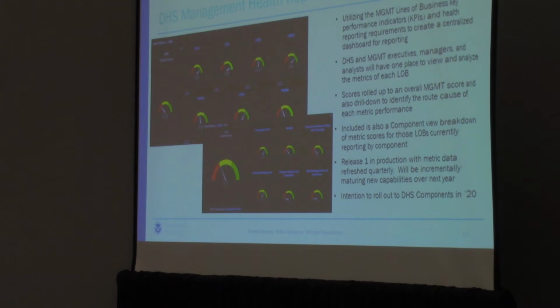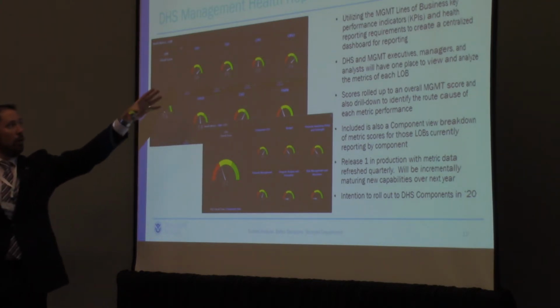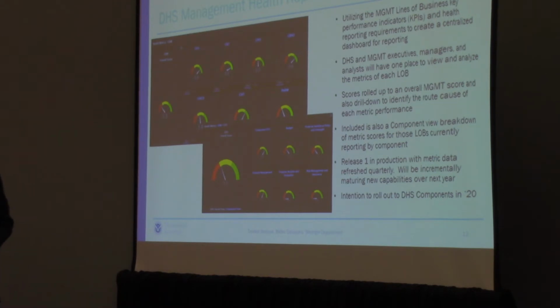This is actually built in what's called the RGS Online operational dashboard, the same technology that is available to everyone, and we'll be rolling this out across all the components in FY20. It's been migrated with the key performance indicators and metrics from each of the components. So what you have here is a USM headquarters level view of all the CXOs in an aggregate score of their health against their KPIs and metrics.